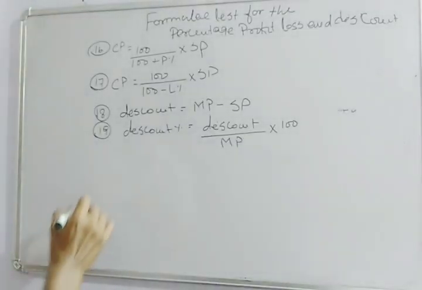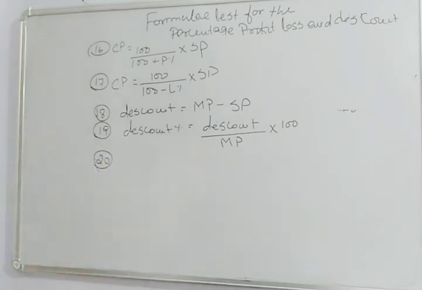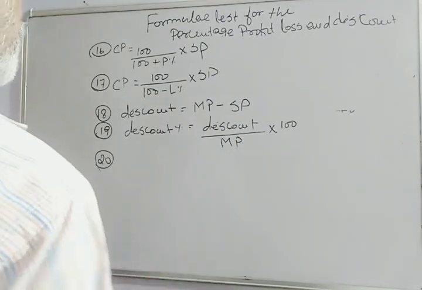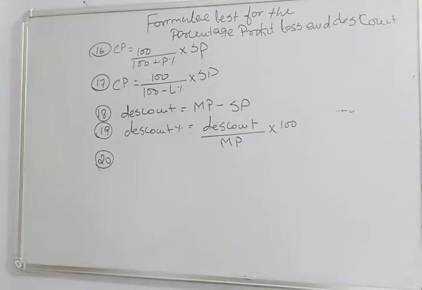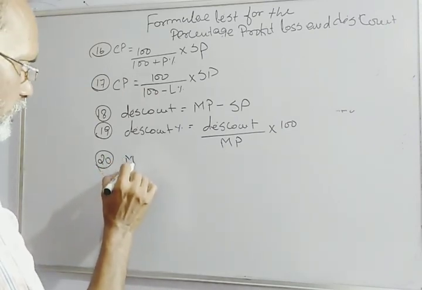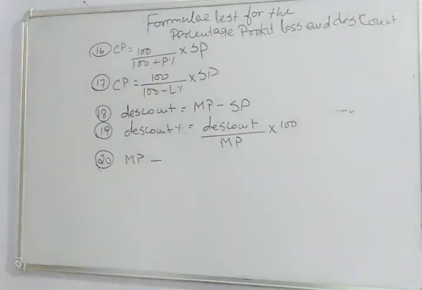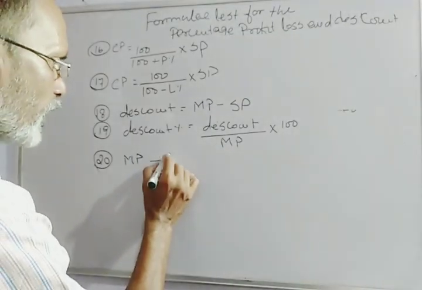Then number 20, how to find out the selling price when discount percentage is given.